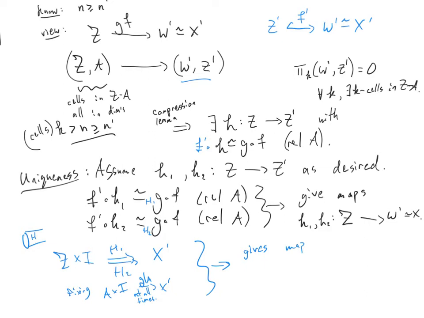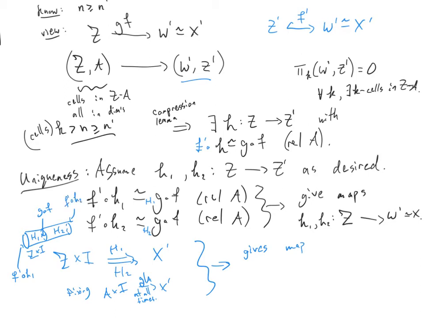H1, H2. So I've got H1 on this copy of Z cross I, and then I'm going to have another copy of H2 over here, and this boundary right here is where I'm doing G of F, and over here I'm doing F prime of H1, and on this end I'm doing F prime of H2.